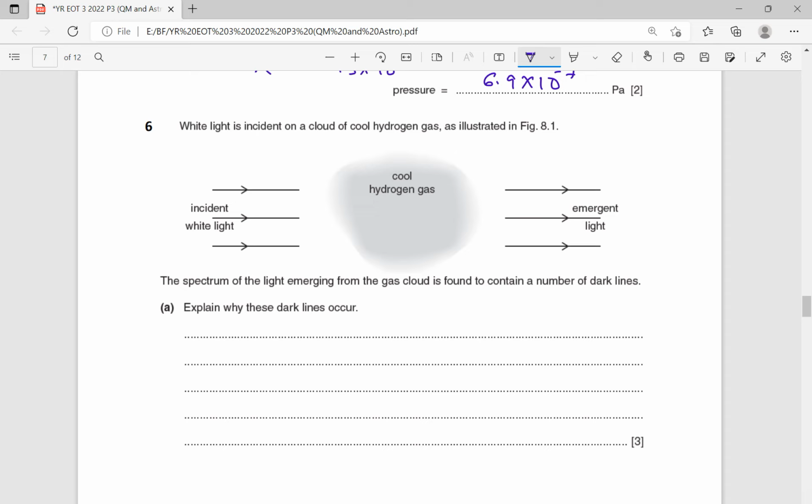So we know that the electron absorbs only photons whose photon energy is equal to the difference in energy of two energy levels.